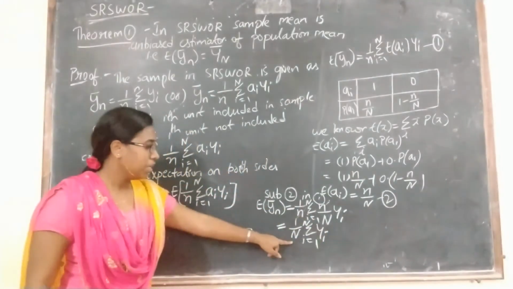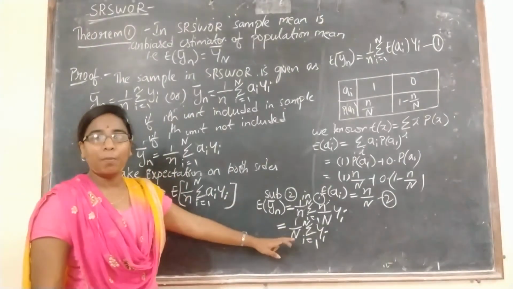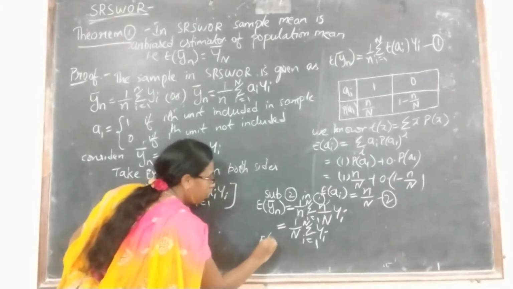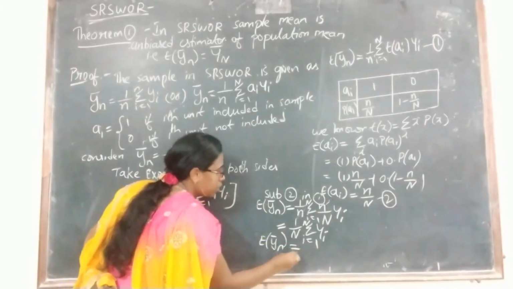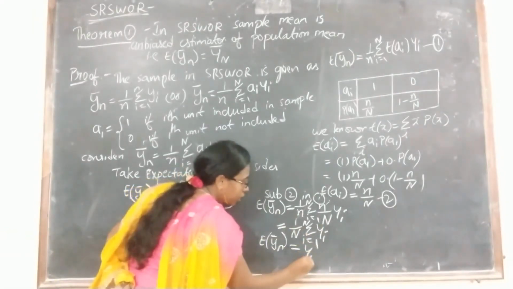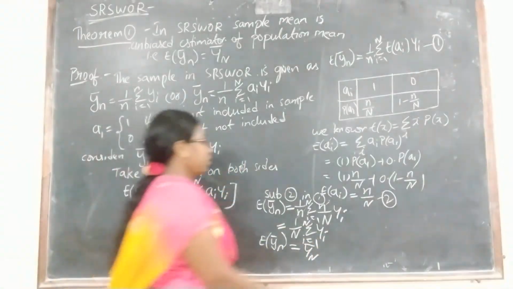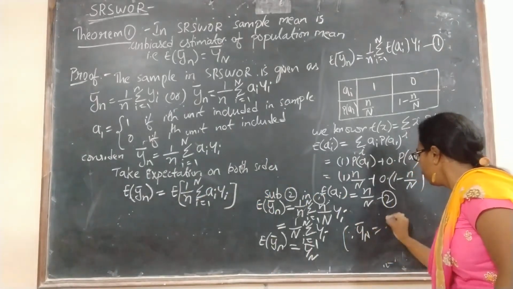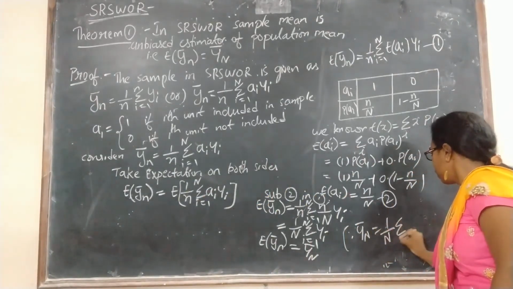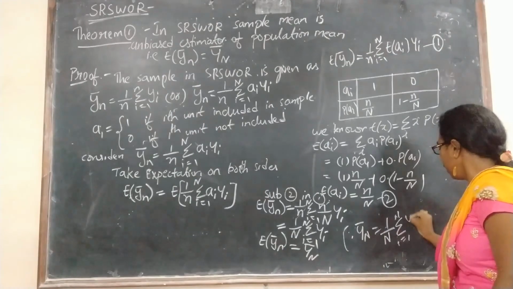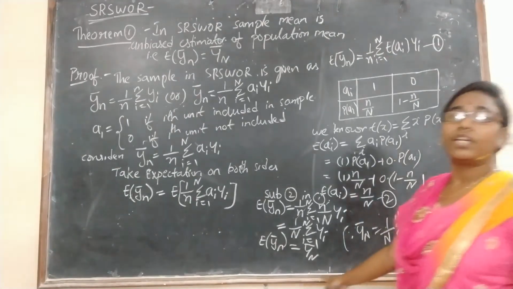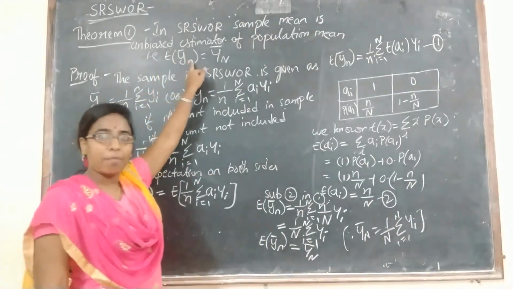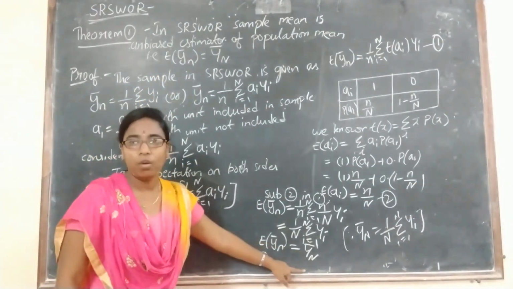If you observe, this is the formula for the population mean. Since y n bar equals 1 by n summation I equals 1 to n yi, now you got the required proof, right? Expectation of small y bar equals capital Y bar.